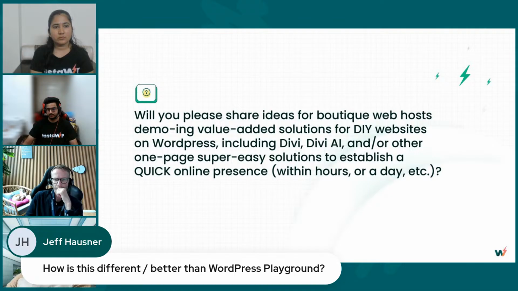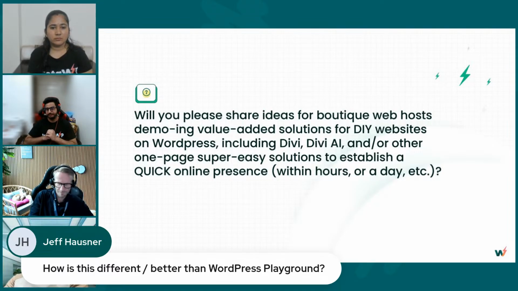Then you set it up completely, create a snapshot from that after configuring the whole template, and give it to the end user, which will help them create the demo site. That is one use case. Apart from that, if you want something different for creating a demo site, you can use the AI integrations in InstaWP, like ZipWP AI and Cadence AI, to create the template or whatever the customer wants. Then you can launch it as a snapshot, and they will be able to create a site and customize it from there.